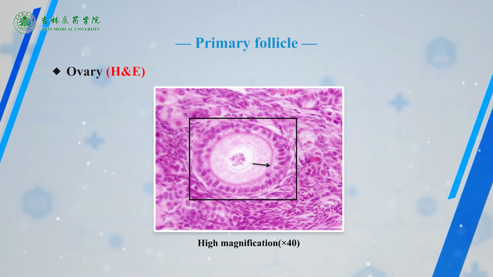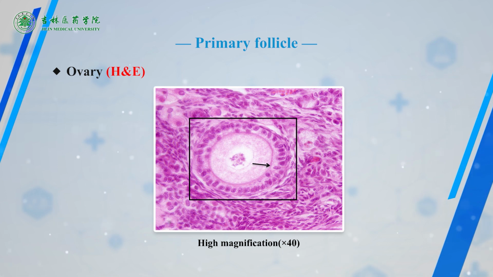A bright red, homogeneous membrane called zona pellucida has appeared around the oocyte. Follicular cells are simple cuboidal, increasing into several or many layers.